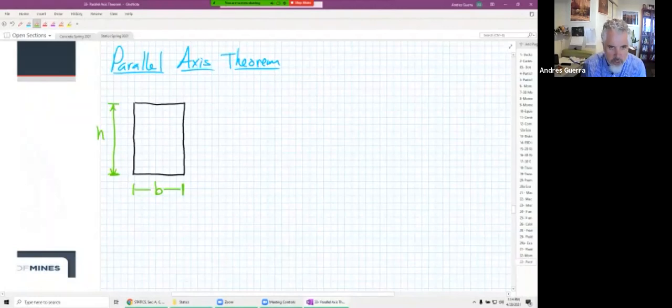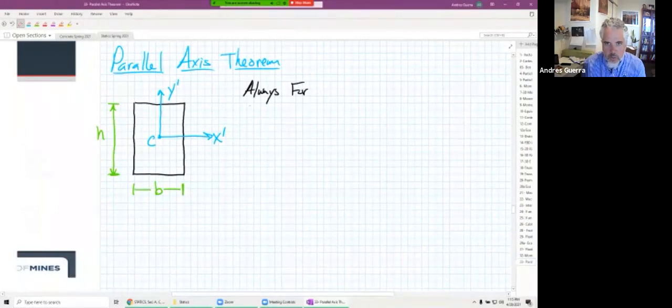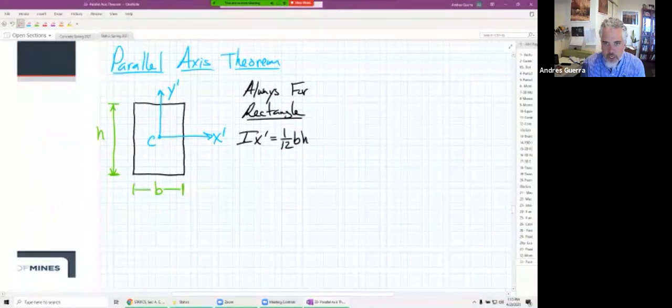If we go to the centroid of that shape, let's call that X prime and Y prime for the centroid of that rectangle. For a rectangle, we can find the moment of inertia about the centroid, Ix prime, is equal to 1/12 B H cubed.